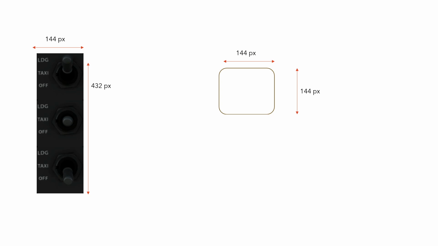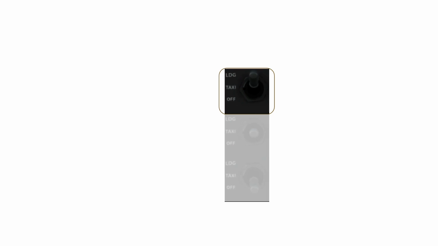But how the slider gauge works. If we slide that over, only one part of it is in the window, the rest of it is hidden, obscured, and it uses a multiplier to work out how far to move this graphic. So if we read the variable lighting landing, if it's in landing mode, then the value will be 0.